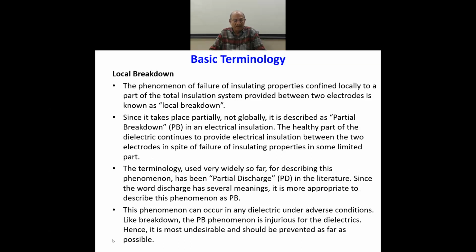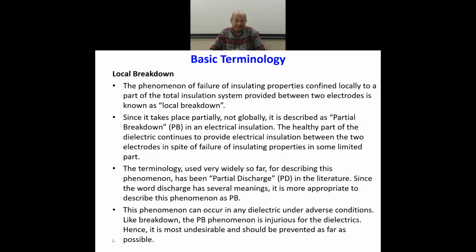That can continue over a long time, and that is nothing but a local breakdown. So as you can read, the phenomenon of failure of insulating properties confined locally to a part of the total insulation system provided between two electrodes is known as local breakdown.